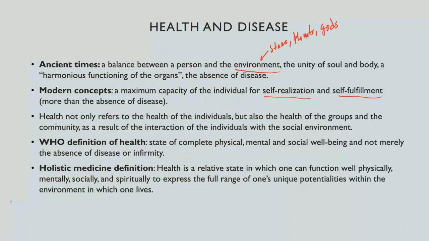So for us to talk about health, we need to talk not only about individuals, because if I am healthy, but someone in my family is not, I'm not going to feel good. If someone that I love is not healthy, I'm not going to feel good. Even if my dogs are not healthy, I'm not going to feel good.